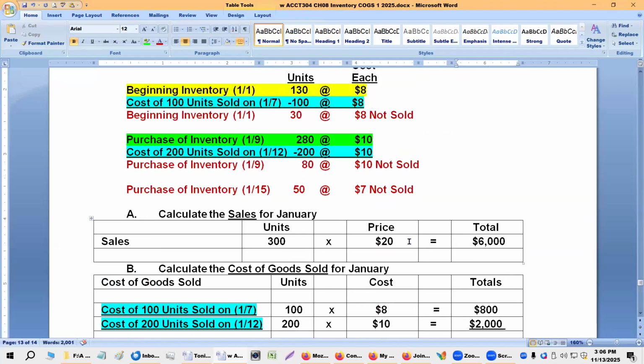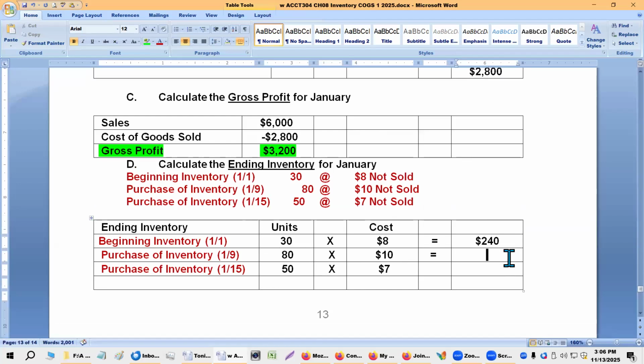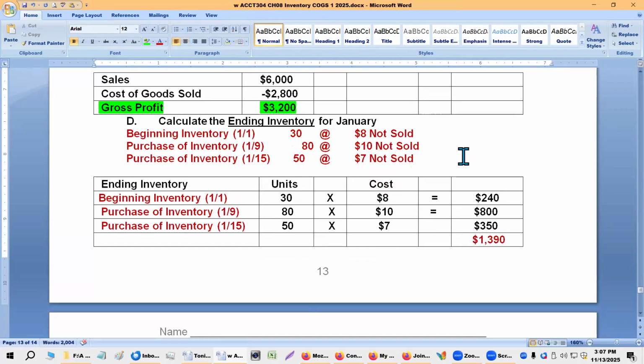Yeah, you're right. $13.90. So that would be our ending inventory. What a pain, eh?